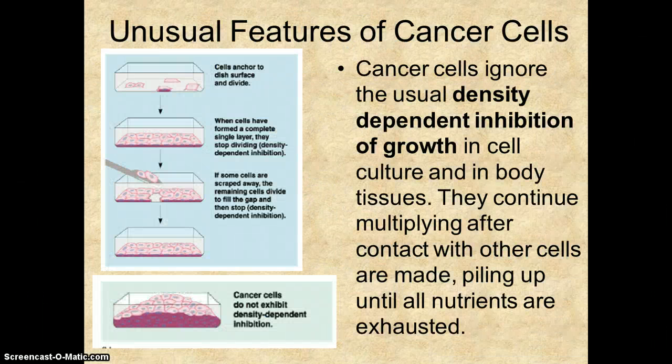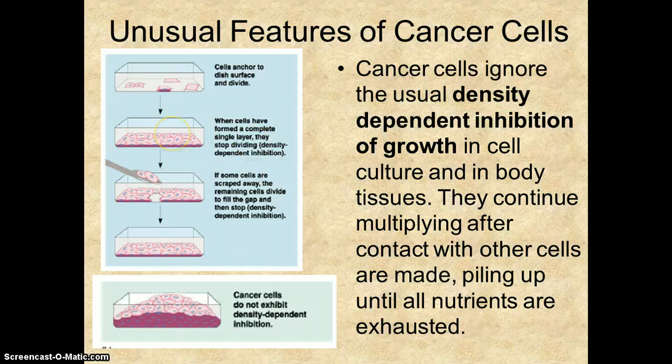So just so you can see the difference between normal cells and cancer cells, cancer cells basically ignore the density-dependent inhibition of growth that is in normal cells. If you remember back to ecology, we were talking about density-dependent and density-independent growth factors. Cells have them as well. If you put cells into a dish like this picture over here, they will start to divide, but they will only divide until there's no more room for them to divide.